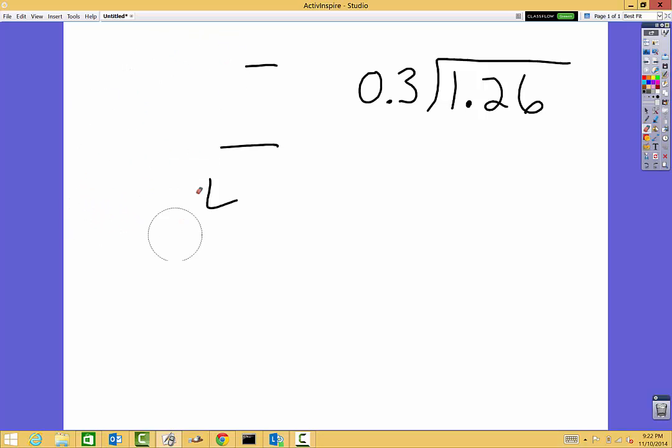So our first problem, we're going to focus on this. I have 1.2 divided by 0.3. If you remember from our lesson before, we take that decimal and we move it to the right. If I have one movement, I'm going to do the same thing to my decimal on the inside. Let's look at this problem.